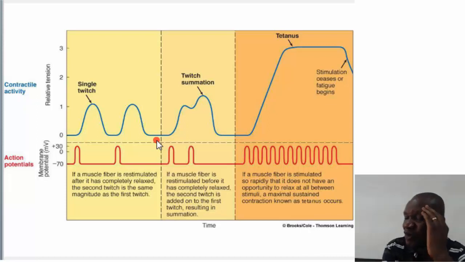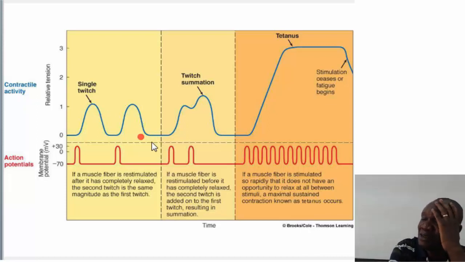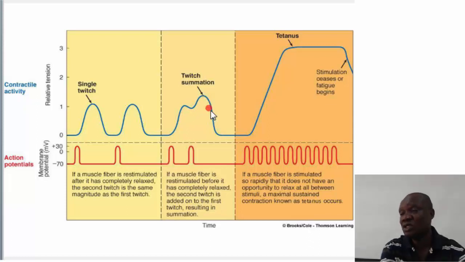Now, if we stimulate a muscle and it's twitching, and give a second stimulus while contraction is in progress, the second stimulus together with the first will add up to generate a much larger tension. So you see, this is the first. It's still in progress when the second stimulus was applied. So the tension developed will be higher.